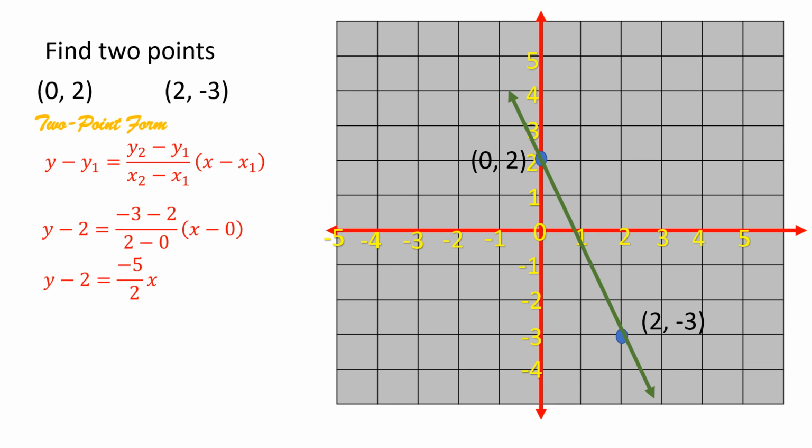So you have 2 times y is 2y, minus 2 times 2 is 4, equal to -5 halves x times 2 is -5x. Let's now arrange this in standard form. Transpose -5x, that will become positive 5x plus 2y is equal to 4, which is now the standard form.